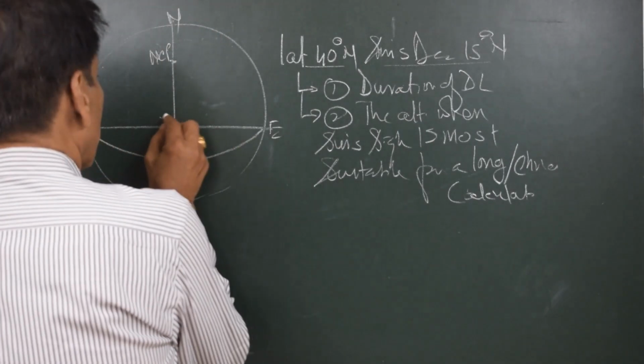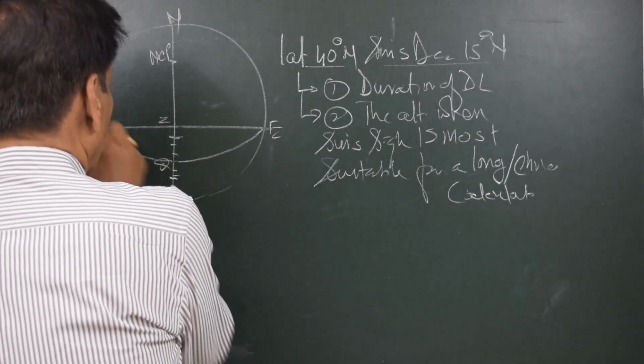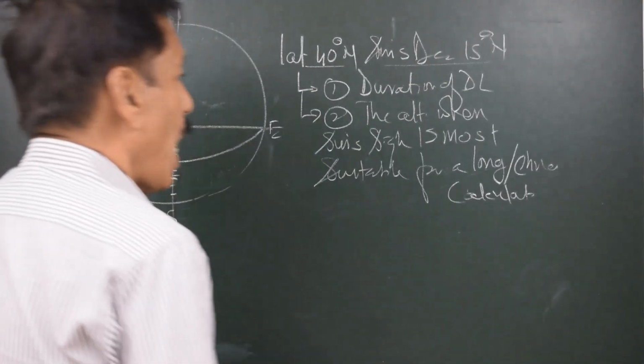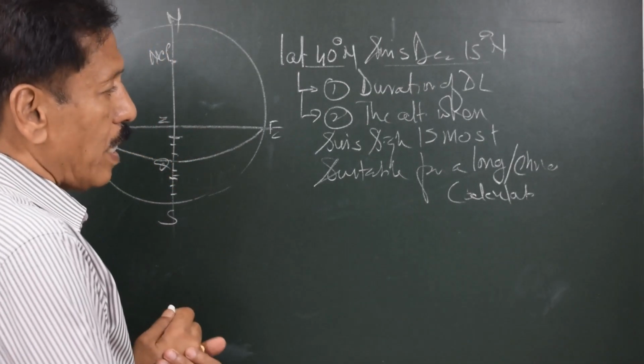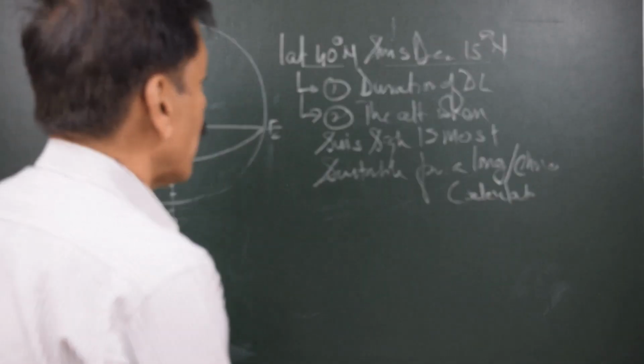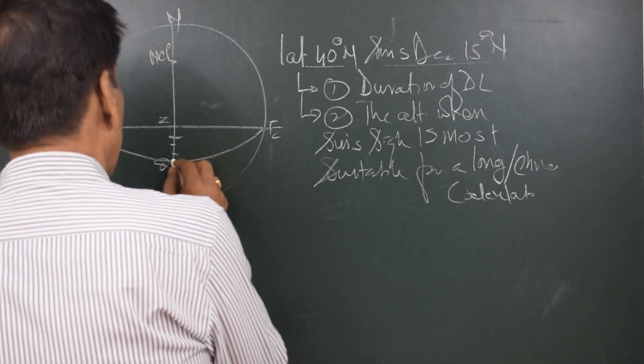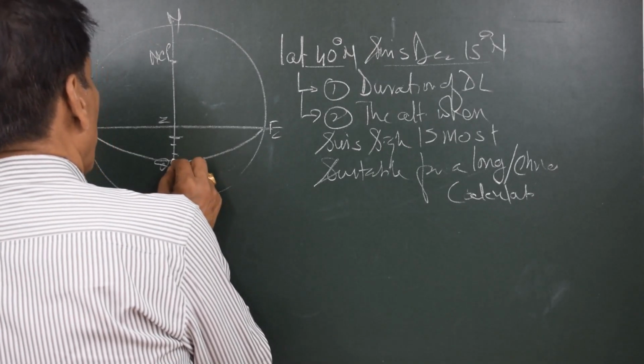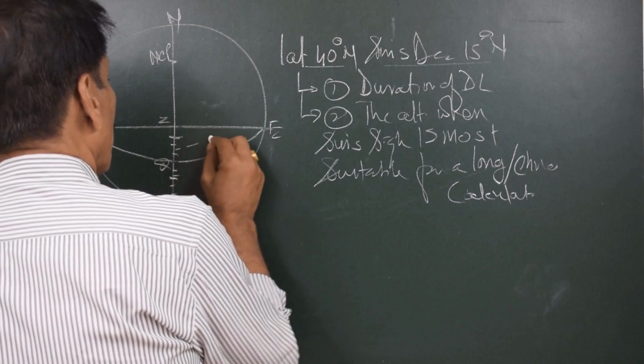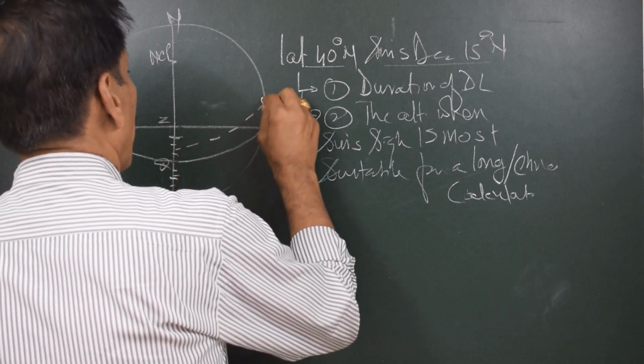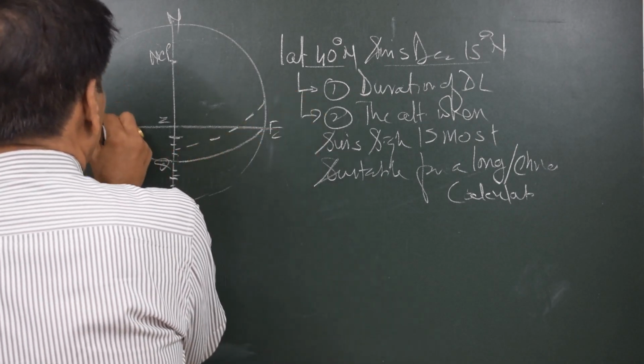This is observer's zenith, and this is the equinoctial, WQE. Now we have the declination of the sun as 15 degrees north. That means 15 degrees from equinoctial, north of equinoctial. So apparent daily path would be something like this.